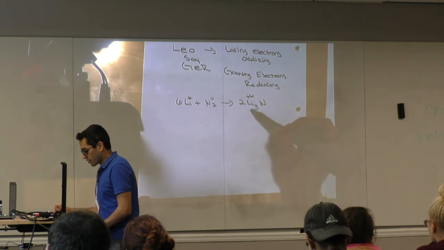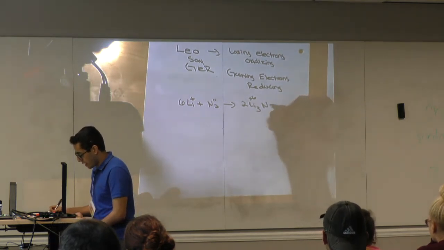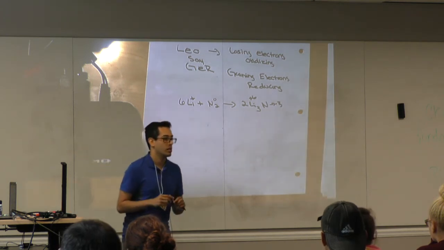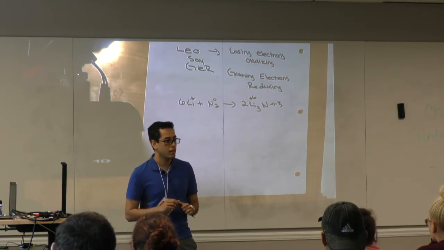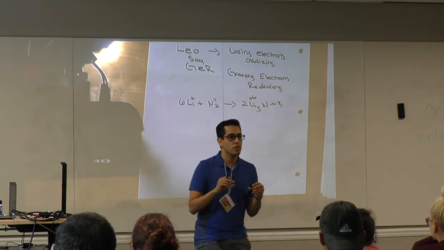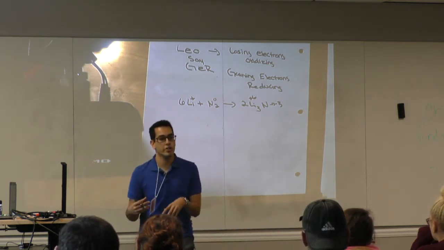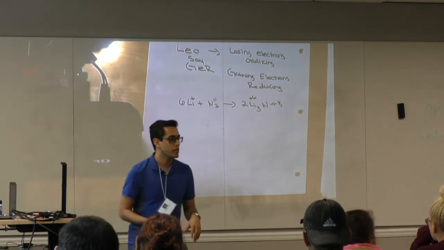So if you have a +6 charge here, and there's 2 nitrogens, each nitrogen independently must become -3. Does that make sense? So you have to look at the elements by themselves and then what charge they take when they're inside of a compound. And that's how you can tell oxidation states.